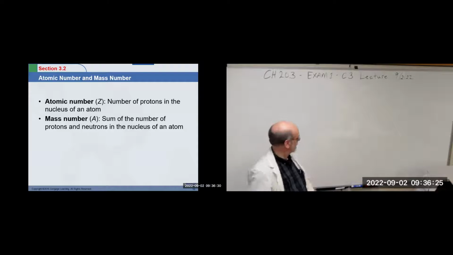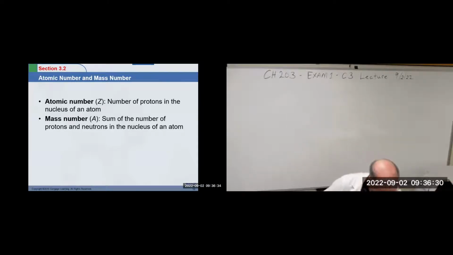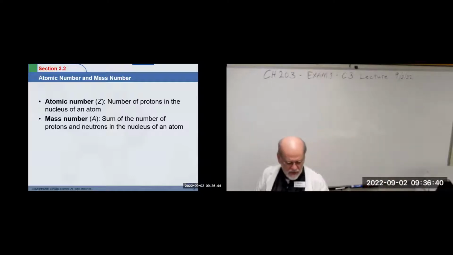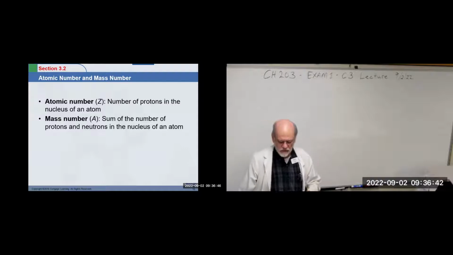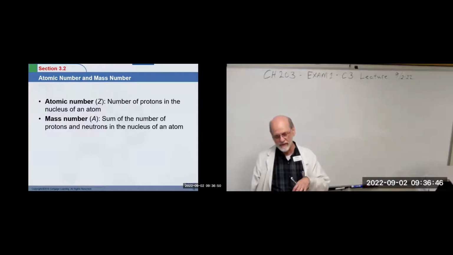And now, all right. We use a letter Z to represent atomic number and a letter A to represent mass number.